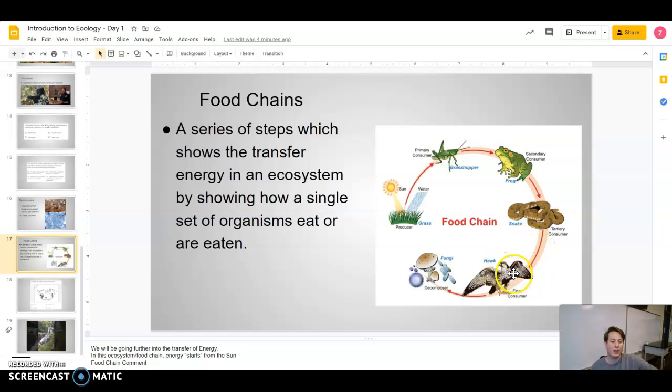The hawk is the final consumer, or some might call it the quaternary, the fourth consumer, and eats the snake. But eventually, as we know, all living things will die. All animals die. When the hawk dies, it will be decomposed by the decomposer, and its nutrients will be entered back into the environment.